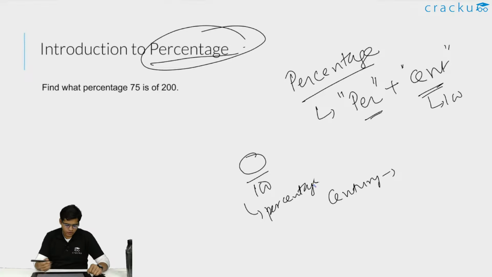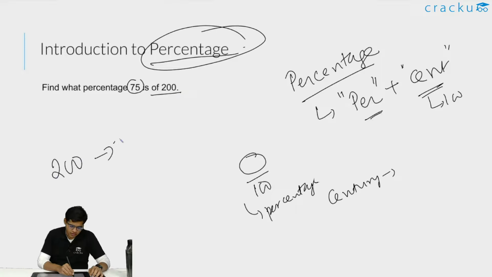Now, for example, I have to find what percentage 75 is of 200. In 200, the value is 75. And we have studied that percentage means out of 100. So, in 200, if it is 75, then out of 100, it will be 75 by 2. How are we arriving at this?